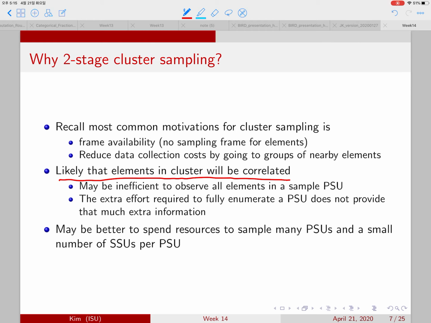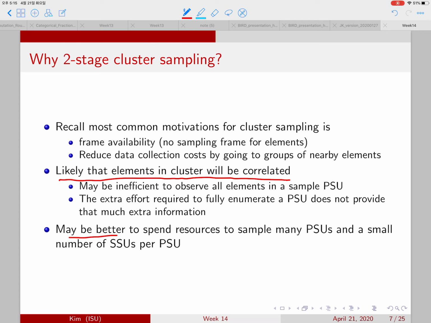So it's kind of a waste of money. It makes sense to use sampling to reduce the number of observations within the same clusters, and then increase the number of sampled clusters to achieve the efficiency gain.